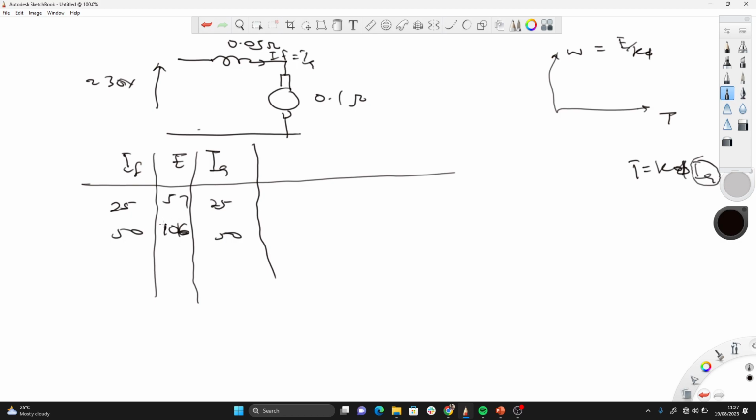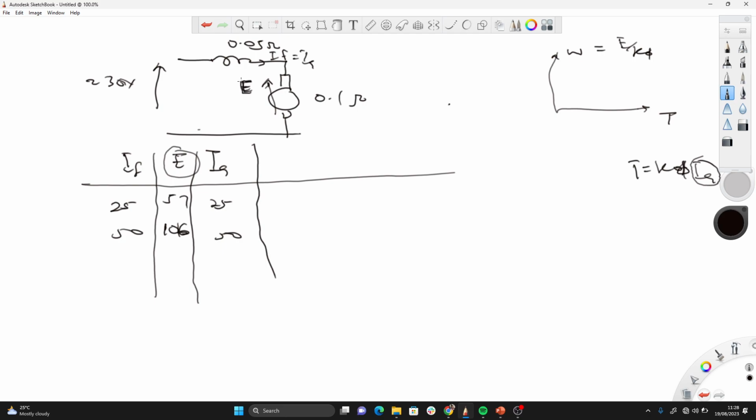Okay, now we have that. Now I have my IA. What else do I need again? I need to find the back EMF of the motor here.